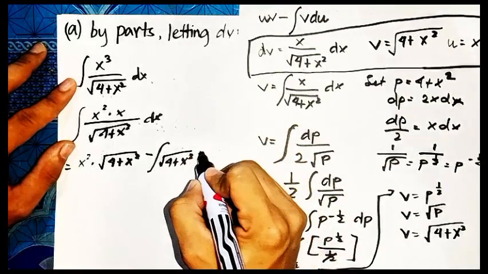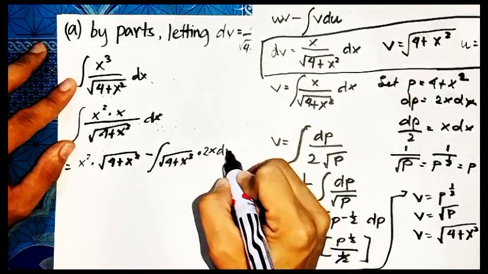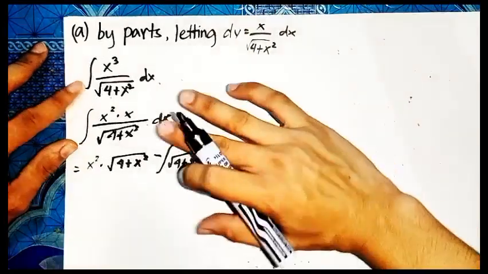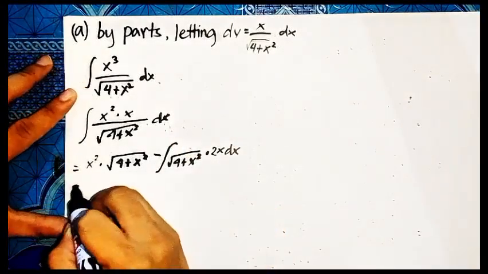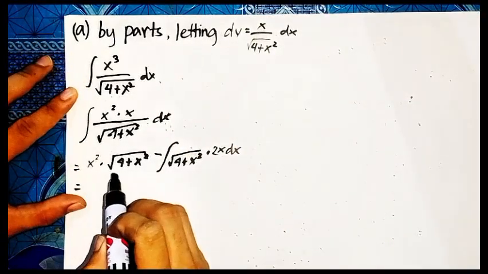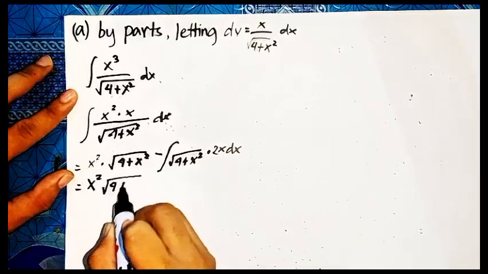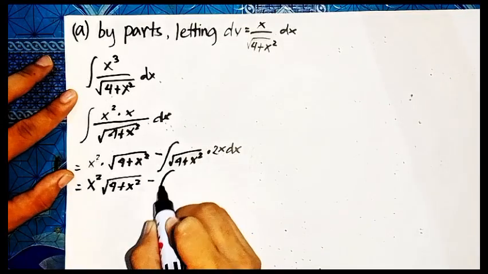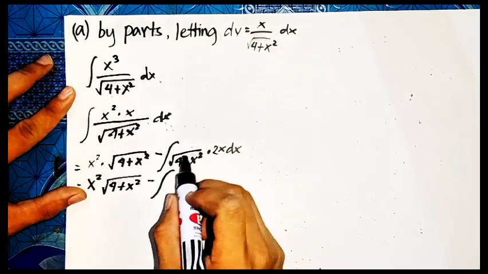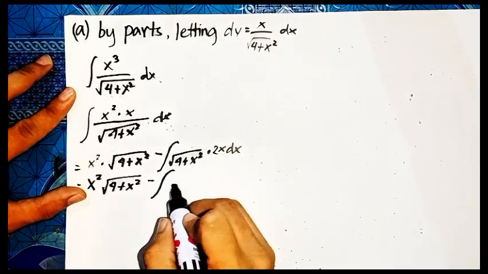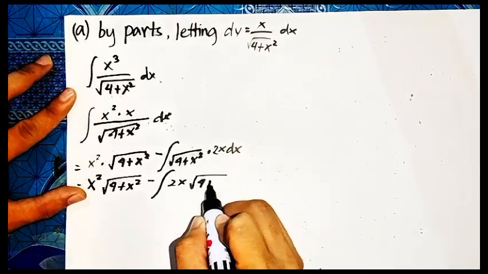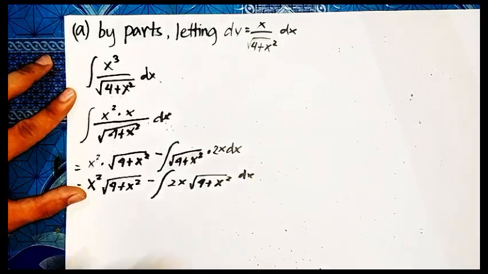Now, let's focus on this. Next, x squared times the square root of 4 plus x squared, minus the integral of the square root of 4 plus x squared times 2x dx, which is the same as 2x square root of 4 plus x squared dx.